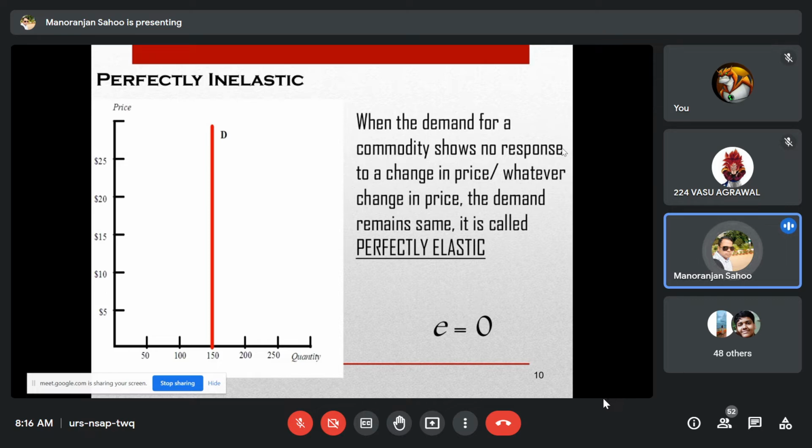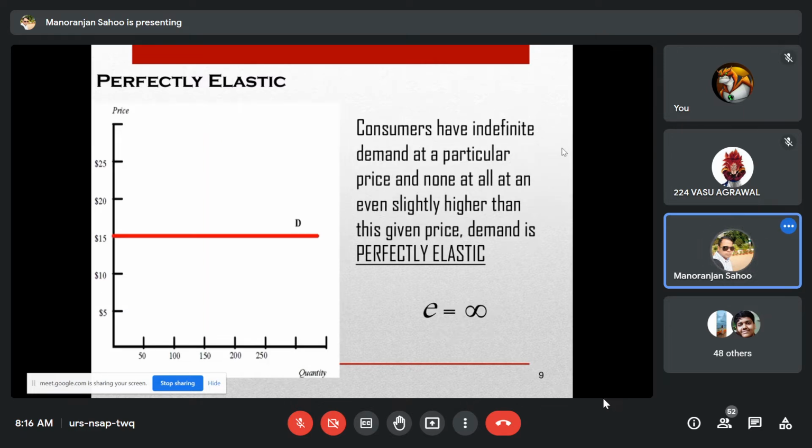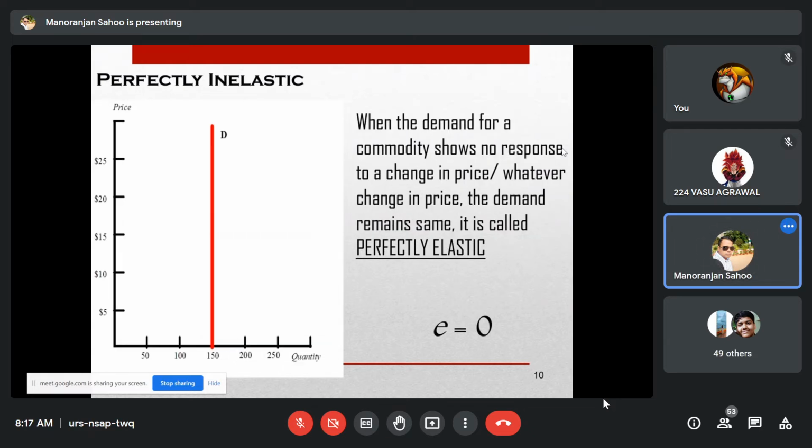Although for the petrol price we cannot say it is perfectly inelastic, it is the closest example. In theory, we have perfectly elastic, where there is infinite change in the demand for a small change in the price, and the opposite is perfectly inelastic, where for any change in the price there will be no change in the demand.